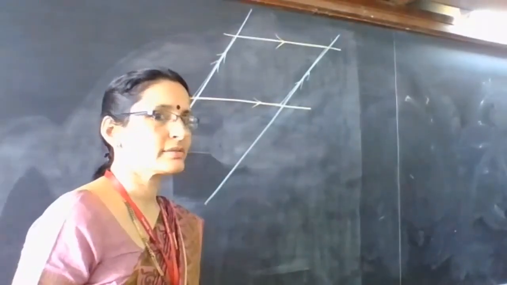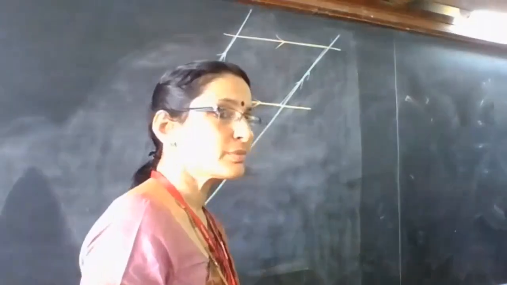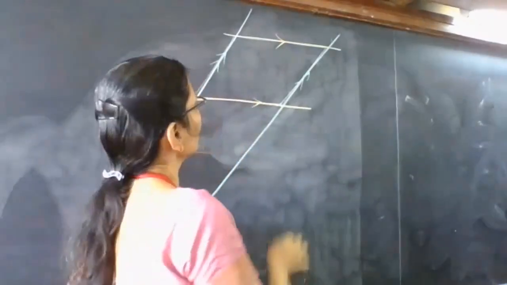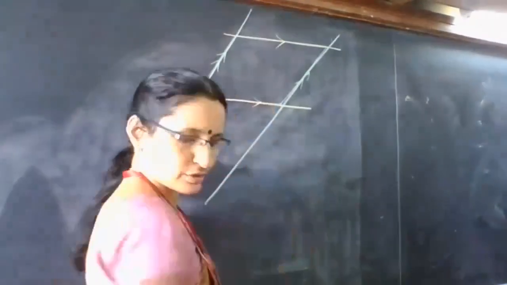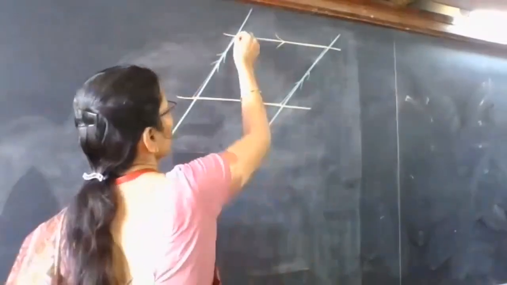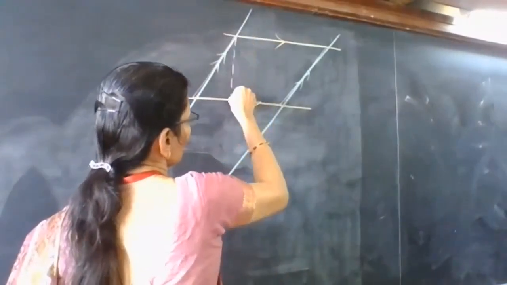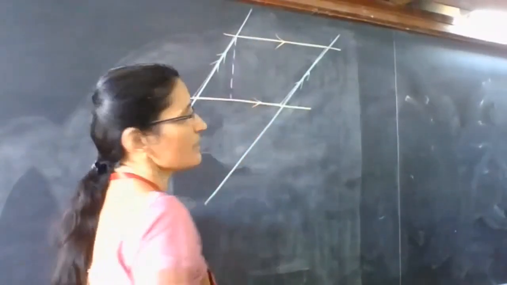How to draw the height? From this down. Okay. So if this is the cut line, this is the height. I can name it as H.